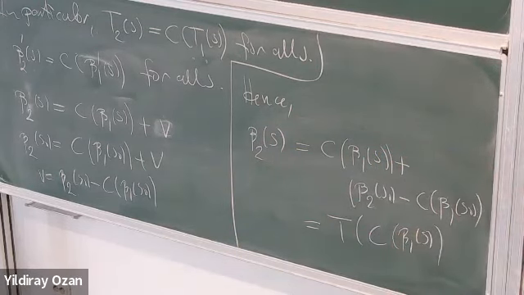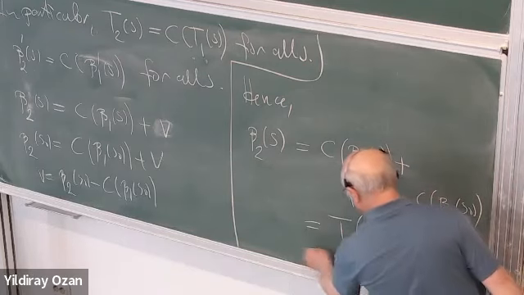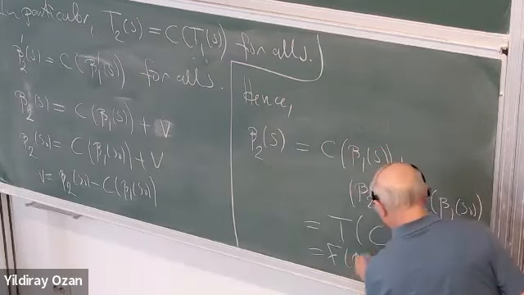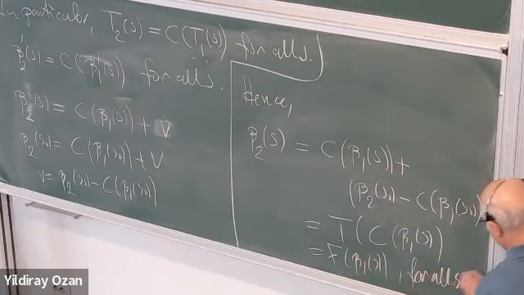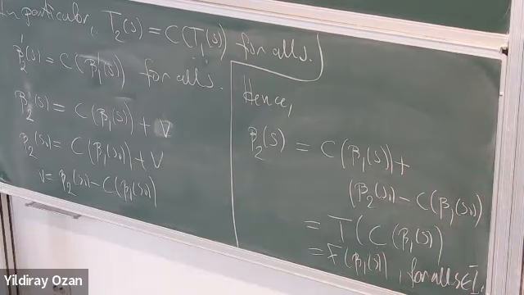Because T is just translation along this vector. And this means T composition C, this is just f of beta 1 of s for all s. Okay, so beta 2 is just the image of beta 1 under the orientation preserving isometry f. Tamam mı? Okay.